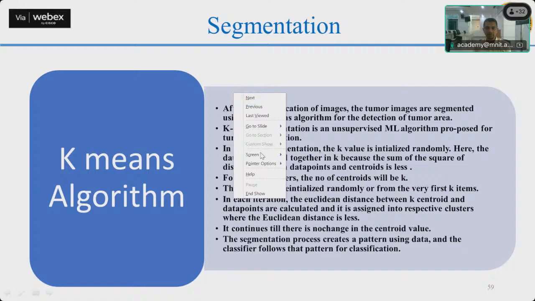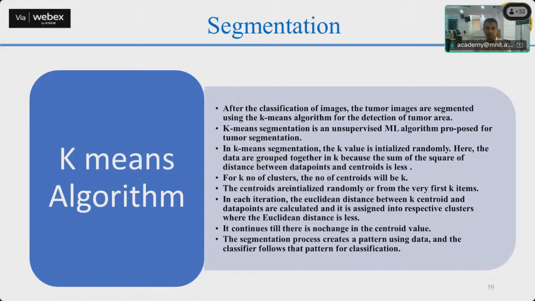In the k-means algorithm, after tumor image segmentation using k-means detection, k-means segmentation is an unsupervised ML algorithm proposed for tumor segmentation. Do you recall? K-means we have already done.